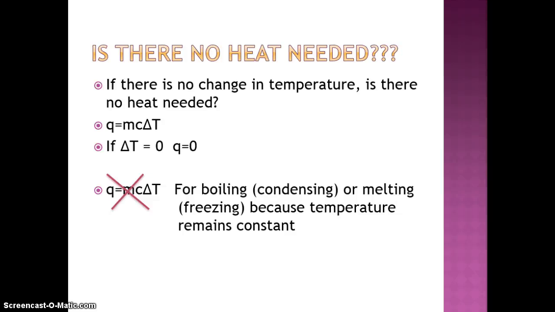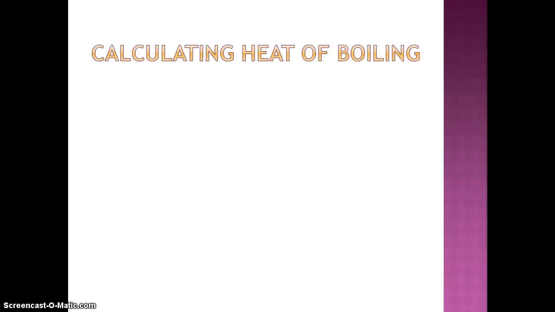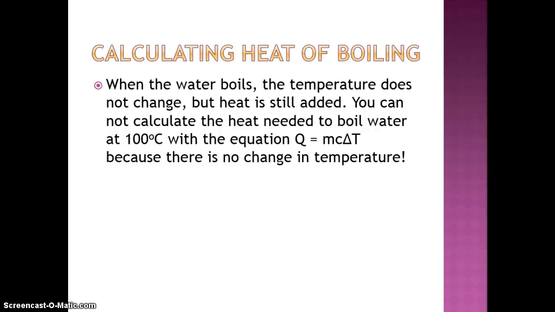There is no change in temperature. So if I want to calculate the amount of energy needed to heat my pot of boiling water, I can't use Q equals mc delta T because there is no change in temperature.